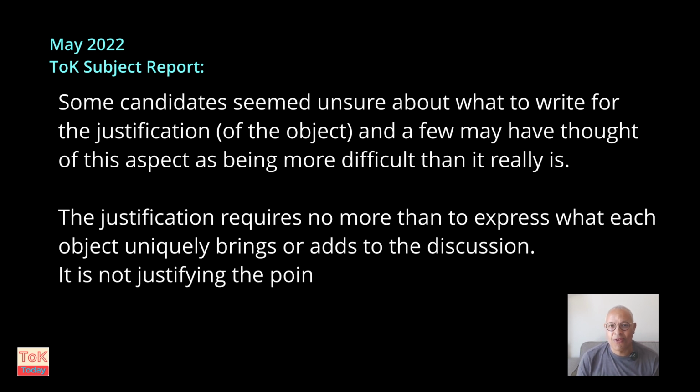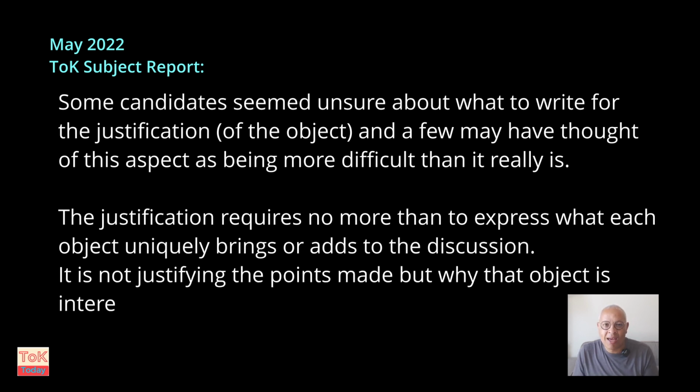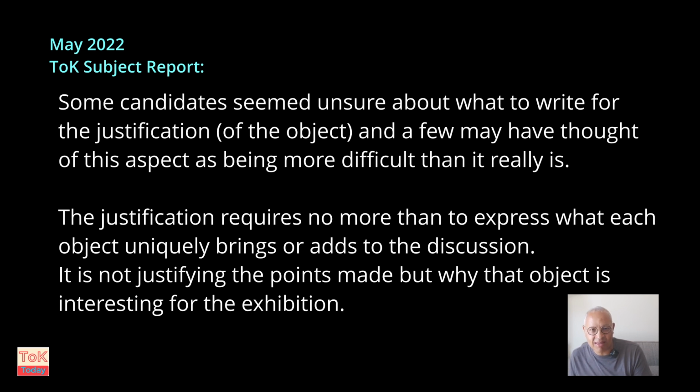It's not justifying the points made, but why that object is interesting for the exhibition." Okay, but that's sort of what we've already done when we explained the link between the object and the prompt. So now let's see if the November 22 subject report can be more helpful.